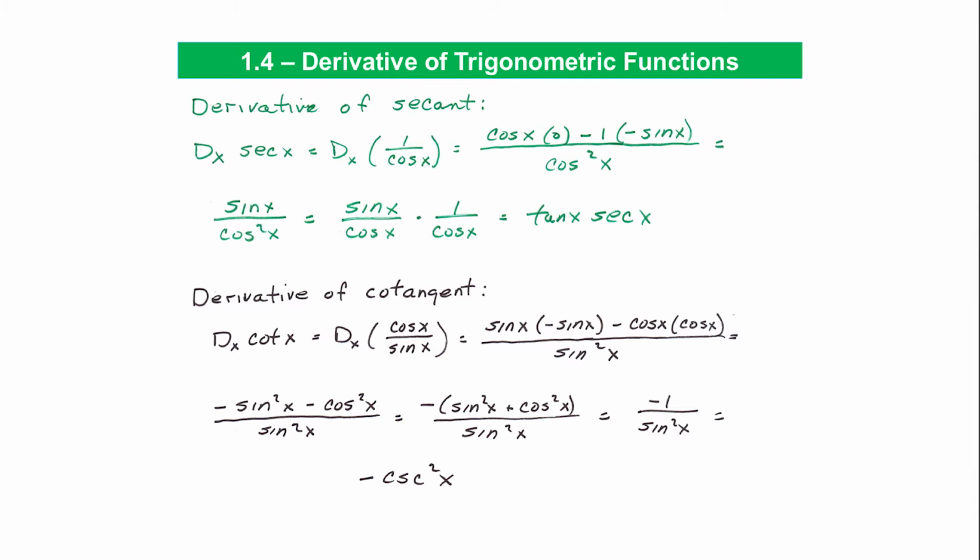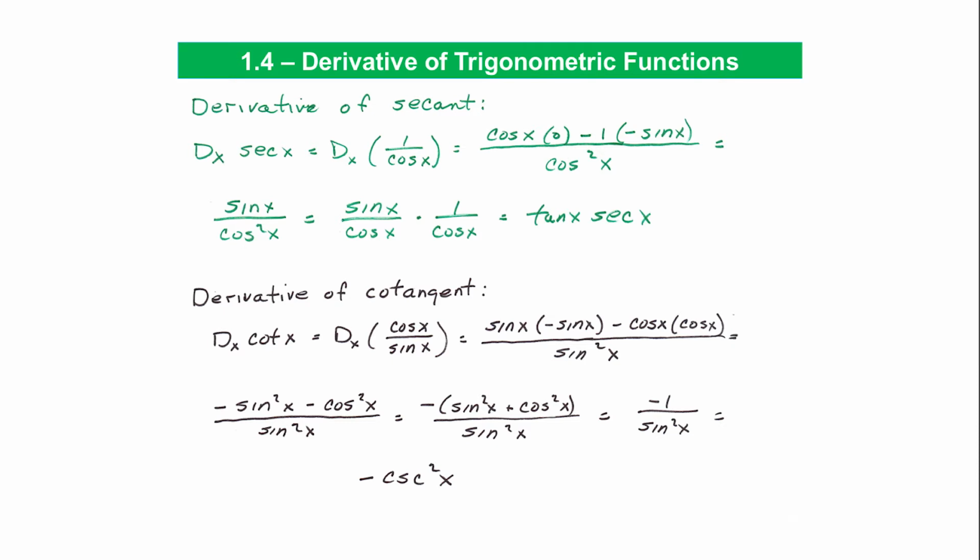Now the derivative of cotangent x equals the derivative of cos x divided by sin x, which equals sin x multiplied by minus sin x minus cos x multiplied by cos x, divided by sin square x, equal to minus sin square x minus cos square x divided by sin square x, equal to minus, open bracket, sin square x plus cos square x, close bracket, divided by sin square x, equal to minus 1 divided by sin square x, all equal to minus cosecant square x.